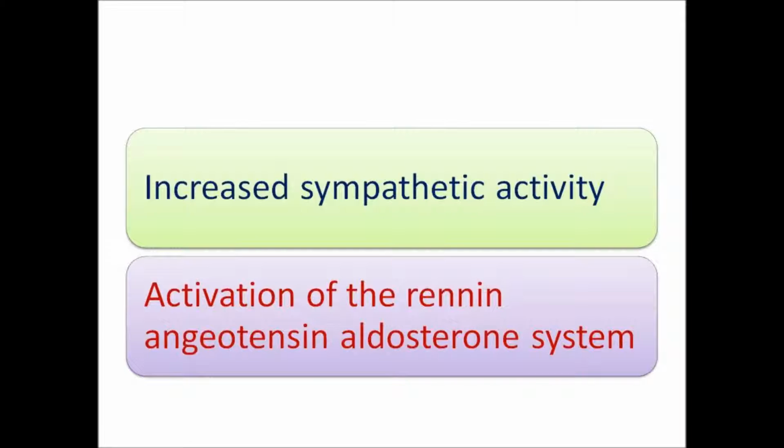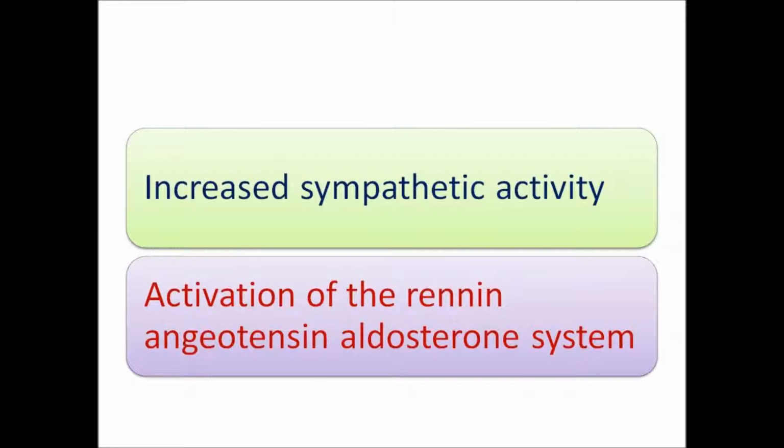The renin-angiotensin-aldosterone system is activated when there is reduced renal perfusion, that is, the blood is not reaching the kidneys, and this occurs in heart failure because of the decreased cardiac output. Not enough blood is pumped out of the heart to reach the kidneys, and also because of the increased sympathetic activity. When there is reduced renal perfusion, the renin will be secreted from the cells of the macula densa in the kidney.